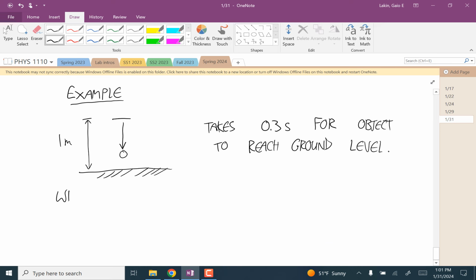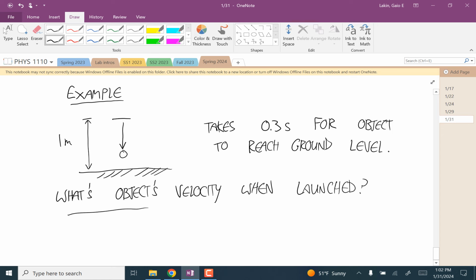What's the velocity of the object when it's launched? Okay, see if you can work through that.